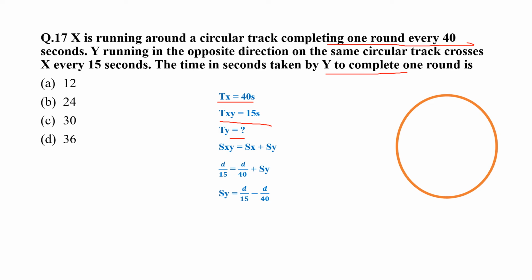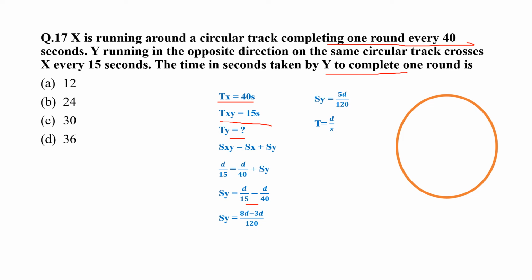Rearrange this equation. So Sy is equal to D/15 minus D/40. So Sy is equal to (8D minus 3D) upon 120, by taking the LCM, which is 120. Then Sy is equal to 5D upon 120.